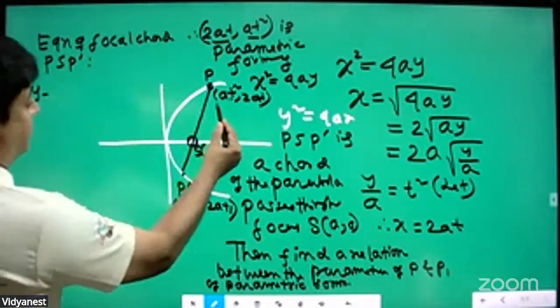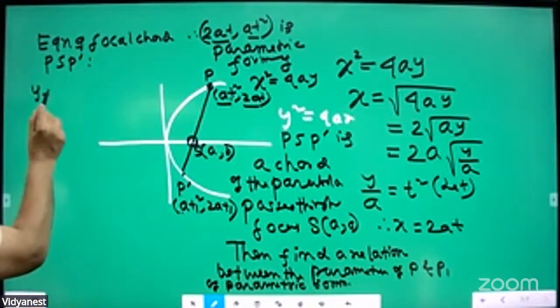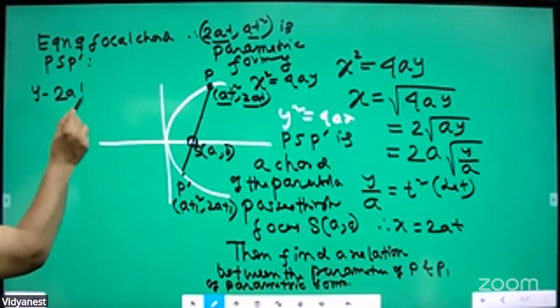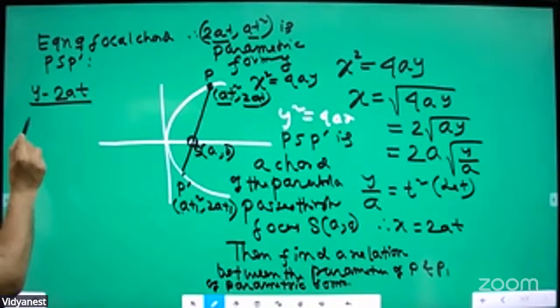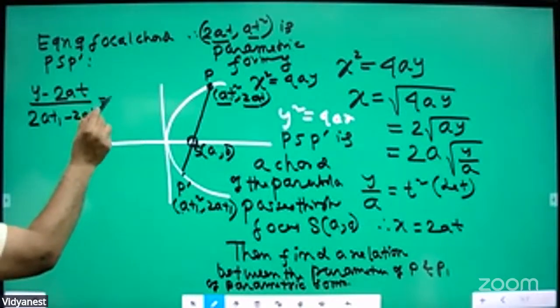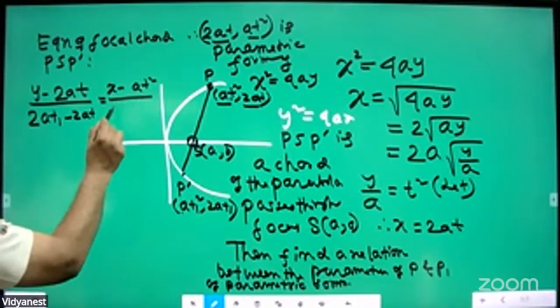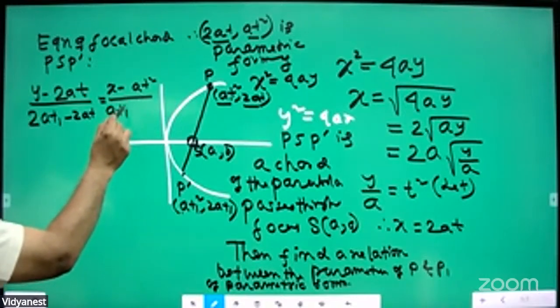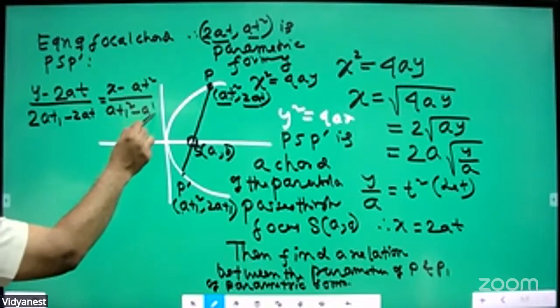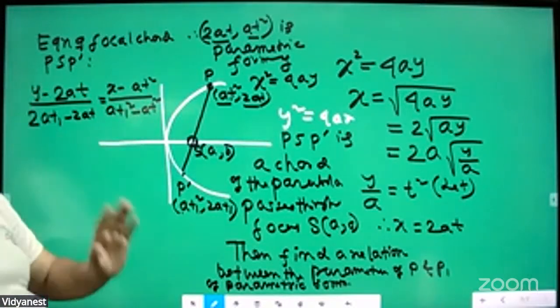Considering (x1, y1) and (x2, y2): y minus 2at is equal to (y2 minus y1) by (x2 minus x1), times x minus at square. So this is the basic formula of a straight line.